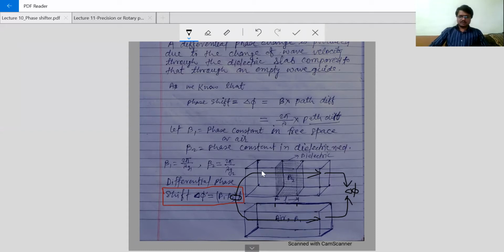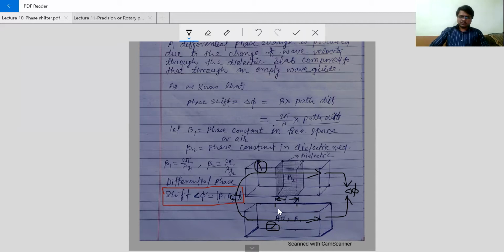This one is the first path and this is the second path. But this path contains the air medium and this path contains a different medium, whose phase constant is beta 2.